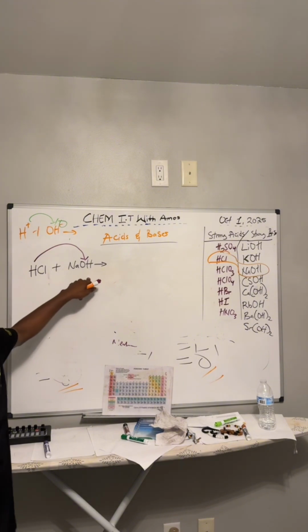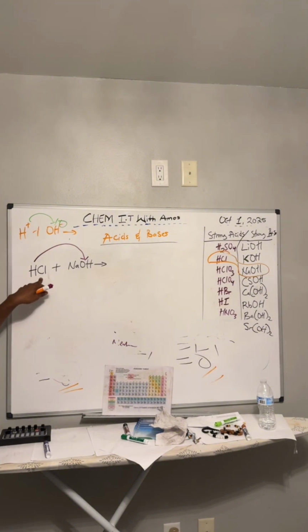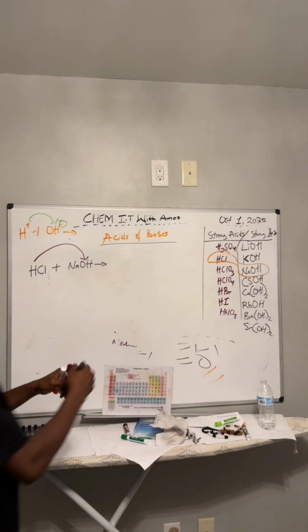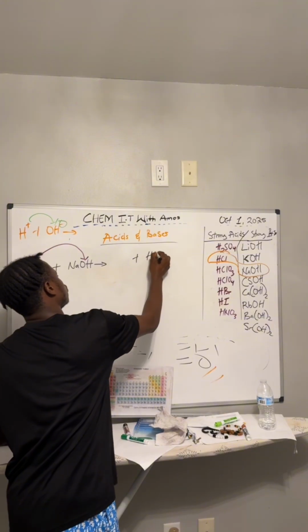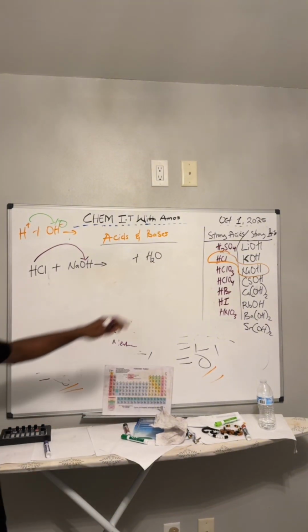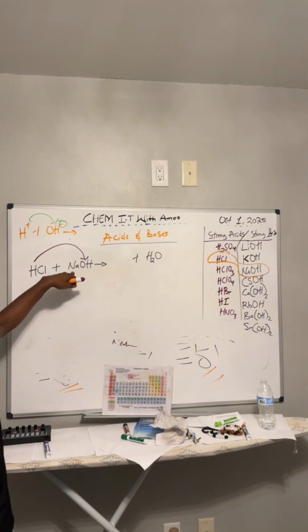So you have two H. If you have two H with one O, what you produce is water. So you can put plus H2O. If you produce water, then what is left here is Na, which is sodium.